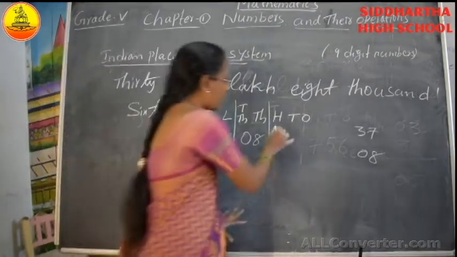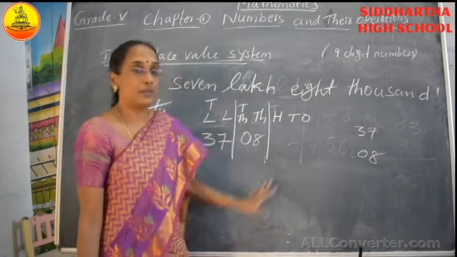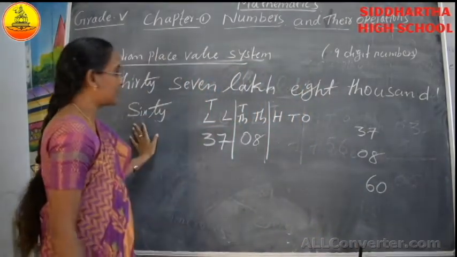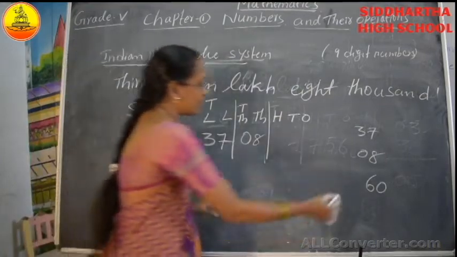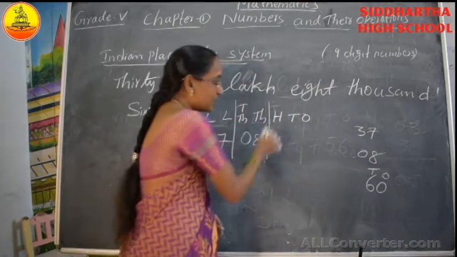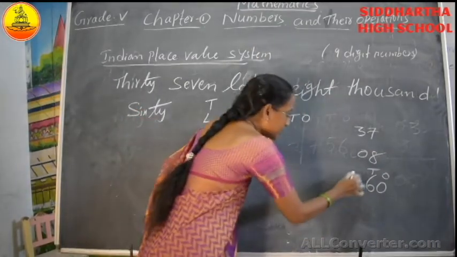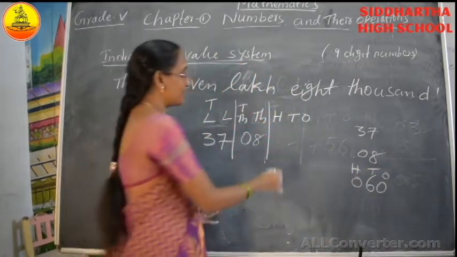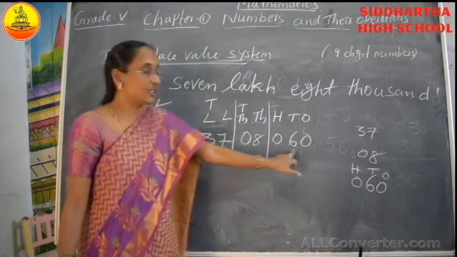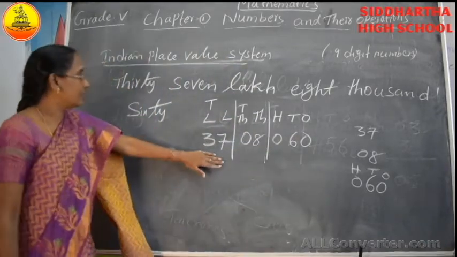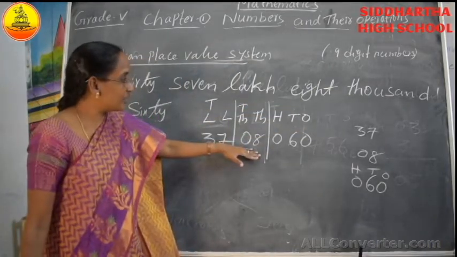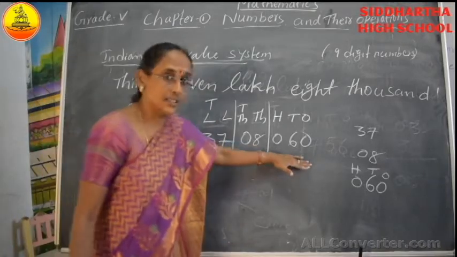How many places are there? 3 places, but you got only the 2-digit number 60, which has only ones and tens. You are not getting hundreds, so you write 0 in the hundreds place: 060. Now to read this: 37 lakh, 8 thousand, and 60.